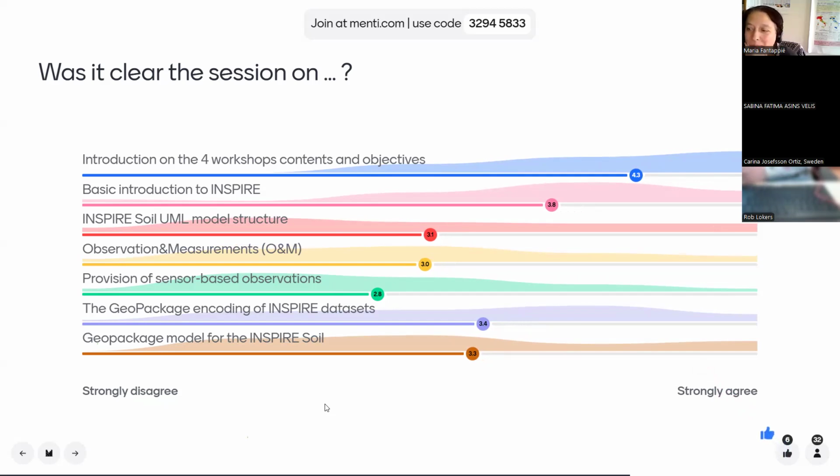So as expected, Stefania, I think that the sensor-based part maybe is the most difficult one. Yeah, indeed. Also for those who have to implement it. But also in a few minutes, it is not possible to make everything clear.